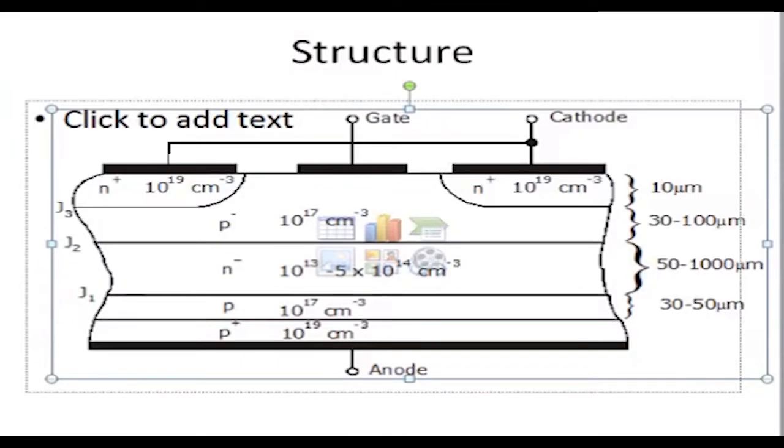I'm repeating again: N2, 10 power 19 per cubic centimeter, represents the doping level. Whereas P1 and P2 are similar, 10 power 17. But N1 is 10 power 13 to 10 power 14, which means it is lightly doped and occupies more space.